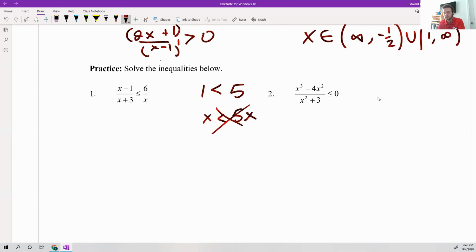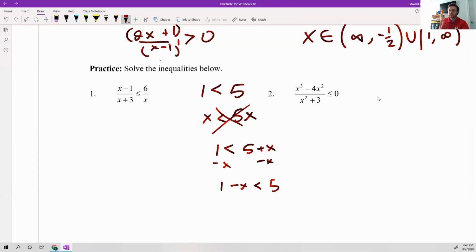So instead of multiplying by x plus 3 and x on both sides, let's just move the right-hand side to the left-hand side and never do any variable multiplication. If I have 1 is less than 5 plus x and I subtract x on both sides, if the first statement's valid, this second statement is valid.